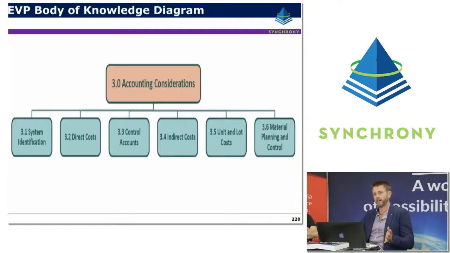The AACE International Cost Engineering Skills and Knowledge organise the accounting considerations according to the systems shown on the slide here. So it's basically system identification, direct costs, control accounts, indirect costs, unit and lot costs, and material planning and control.